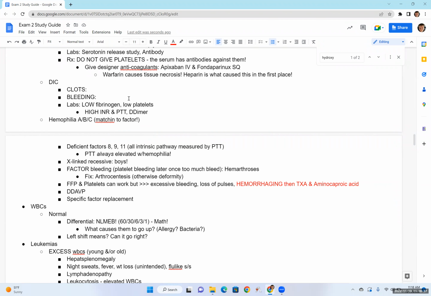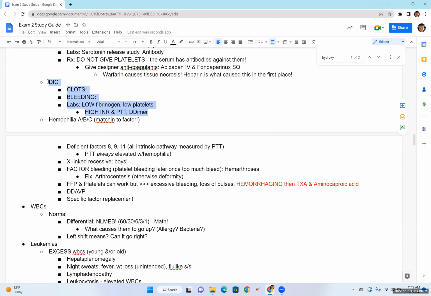I put DIC under platelets, but you can put that back up with sepsis, but you want to differentiate what DIC versus heparin versus hemophilia look like, right? So I give you four or five labs, right? For platelets, obviously the platelets are going to be low in every one of those situations, right? And then fibrinogen will be low in each one of those, right?